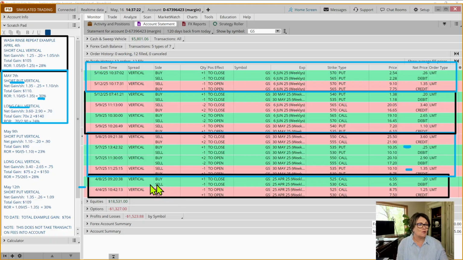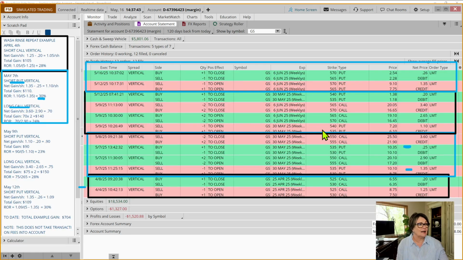On the 4th, we placed our short call vertical trade, and we ended up out of that on the 8th. On the 7th, we placed both a short put vertical and a long call vertical trade, and we ended up out of those fairly quickly.